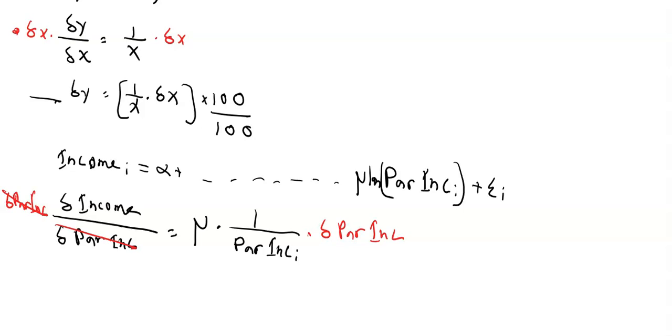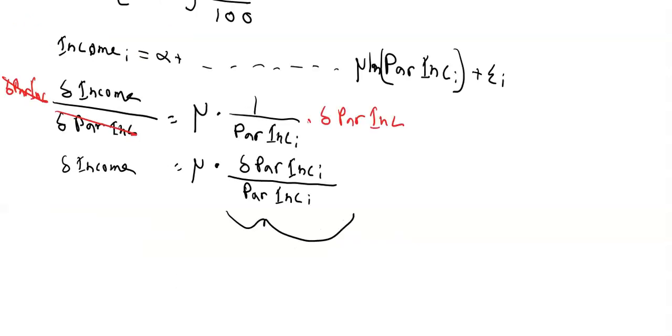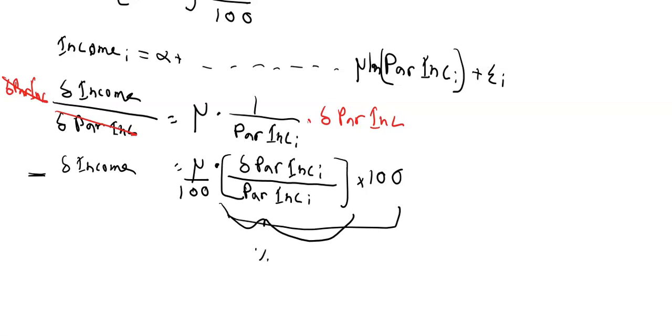To convert this side to a percent, I multiply it by 100, but then I need to divide by 100, or multiply the left-hand side by 100 to keep it balanced. So I can divide the mu by 100. Then all this becomes percentage change in parent's income.